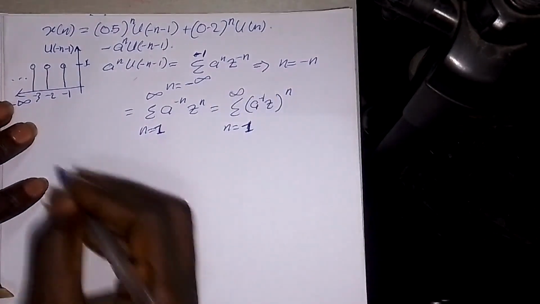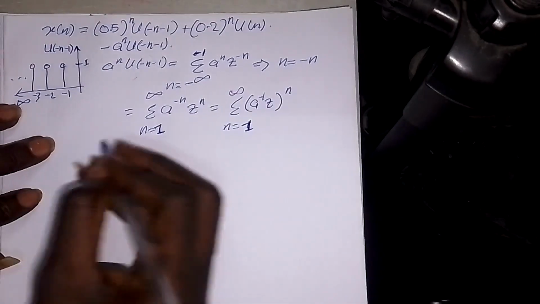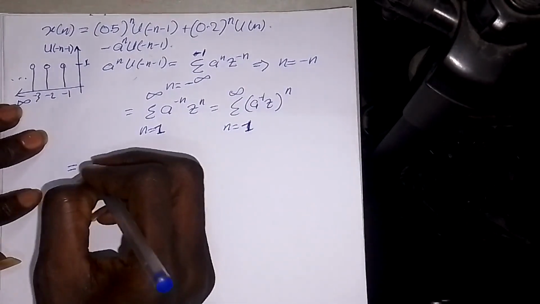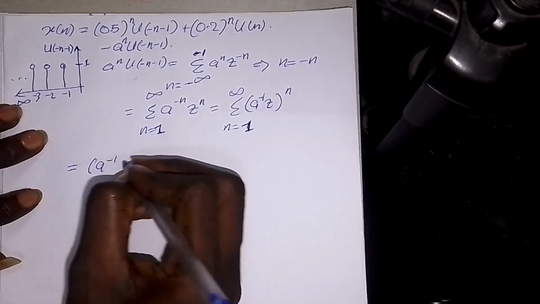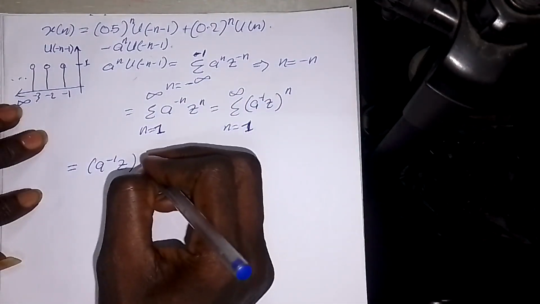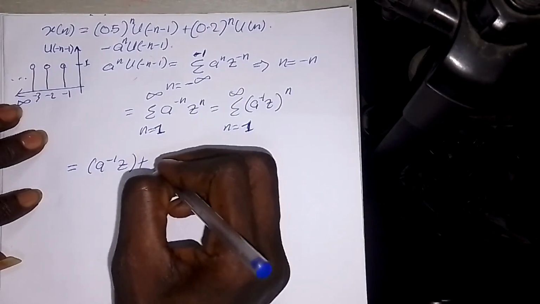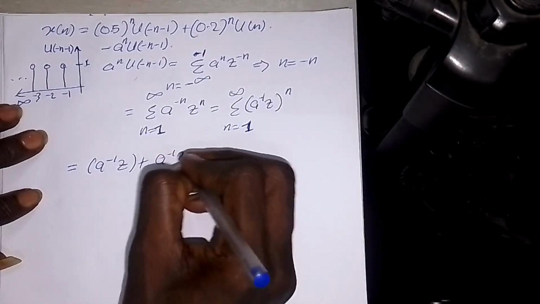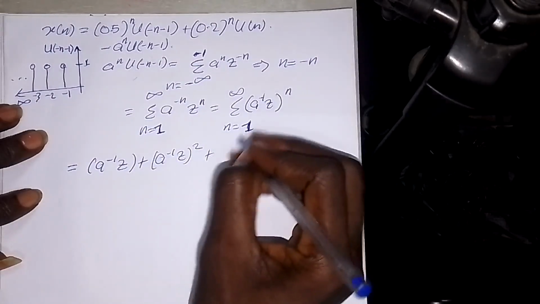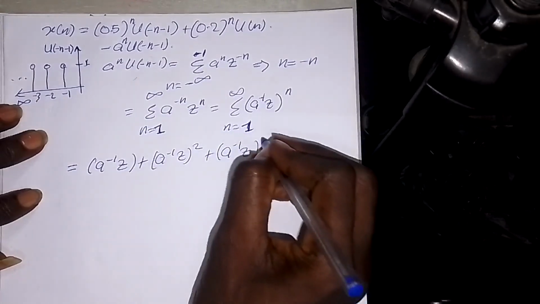Now if I expand this place, with n is equal to 1, I get a exponent minus 1 z. If n is equal to 2, I get a exponent minus 1 z into 2, plus, if n is 3, a exponent minus 1 z exponent 3.